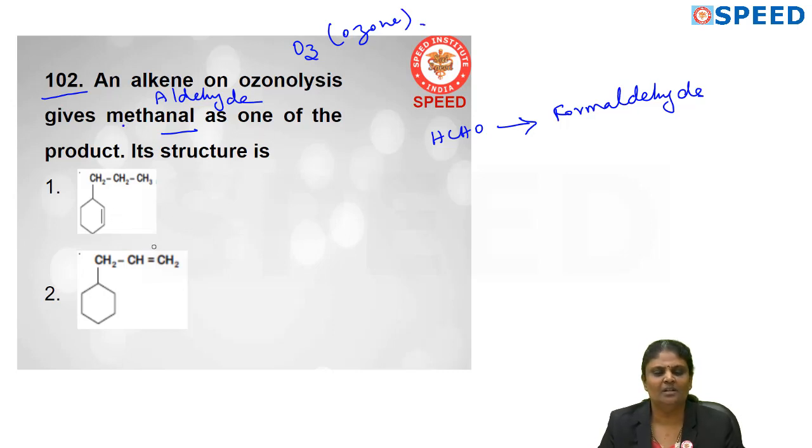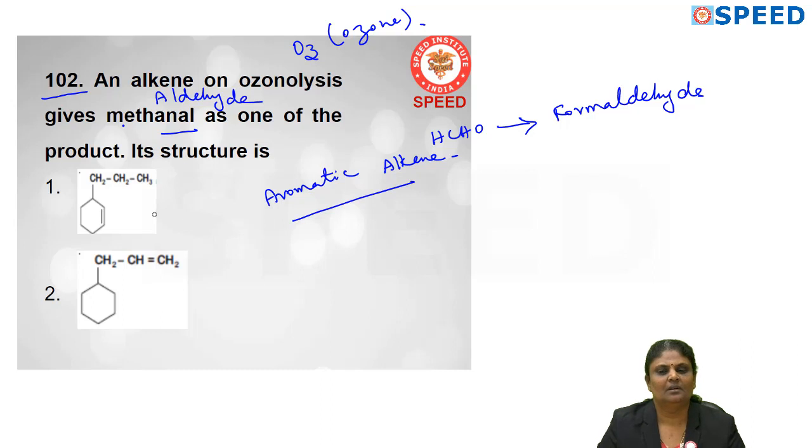Here 4 options are given, including an aromatic alkene. In one, the double bond is present inside the ring. Here the double bond is present in the aliphatic hydrocarbon part, the side chain.